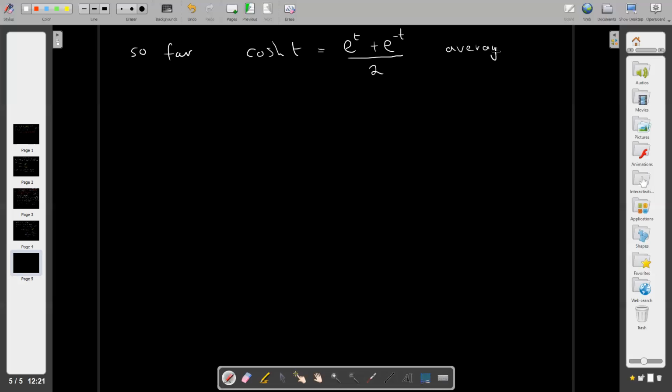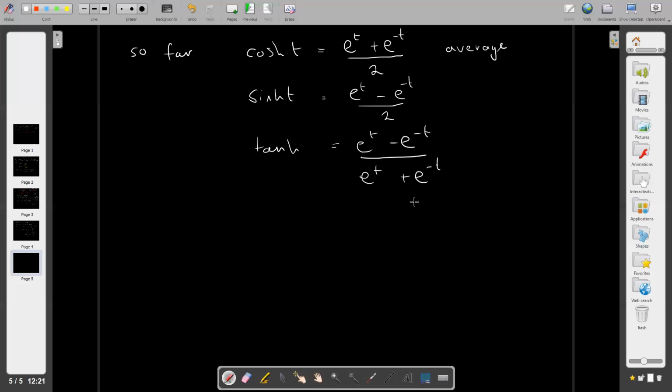If you remember the average, then it's kind of obvious, because it's the average of these two. The sine hyperbolic is going to be the same thing, but with subtraction: e to the t minus e to the minus t over 2. The tan hyperbolic is going to be the sine hyperbolic divided by the cosine hyperbolic, so that would be e to the t minus e to the minus t divided by e to the t plus e to the minus t.